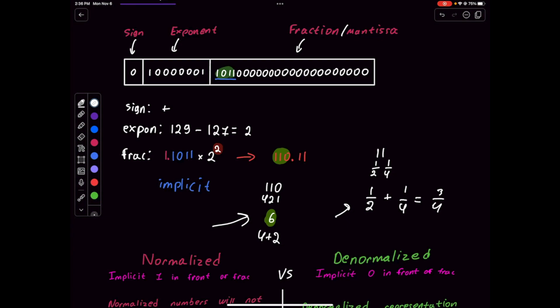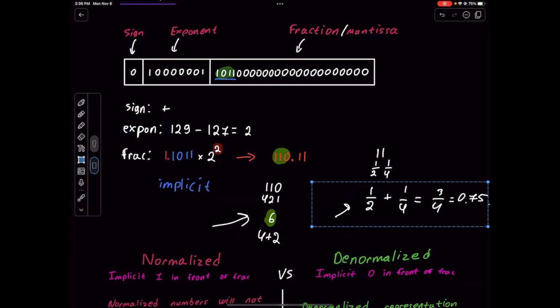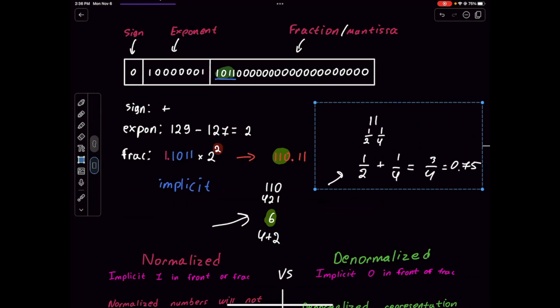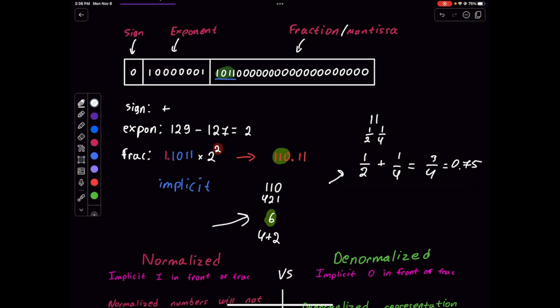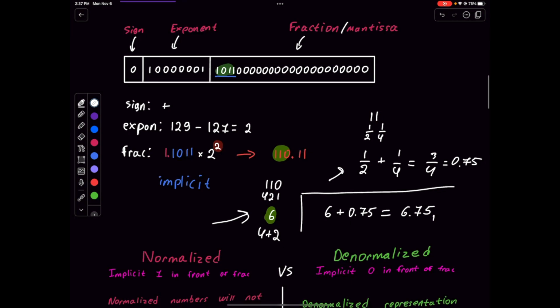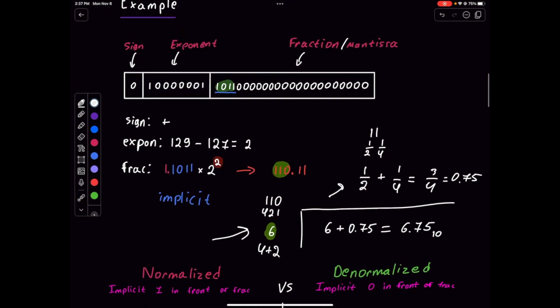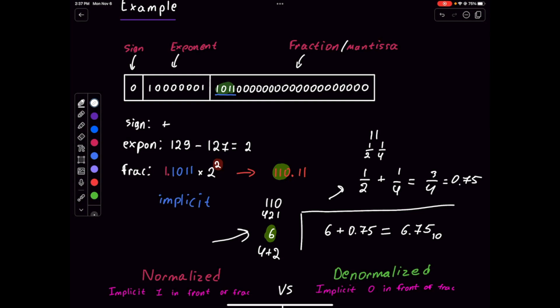Putting that through the calculator, we get 0.75. Our final result is 6 plus 0.75, which is 6.75. That is our final result, in decimal. I'm going to put the subscript so we can tell. And that is pretty much it.